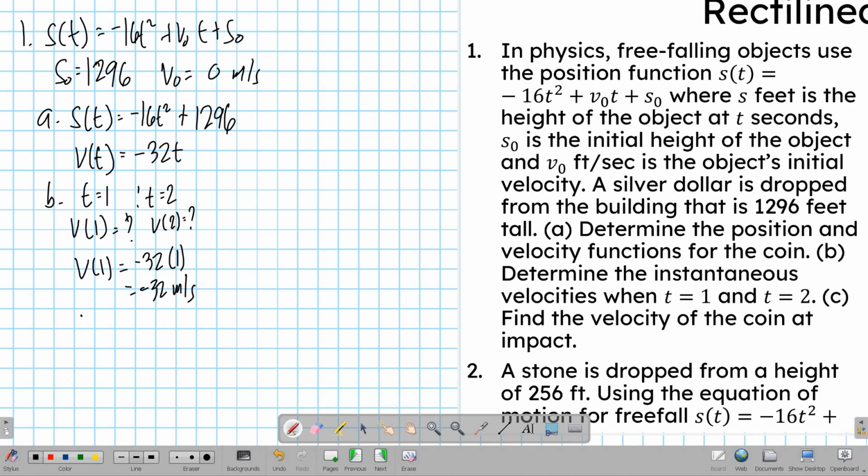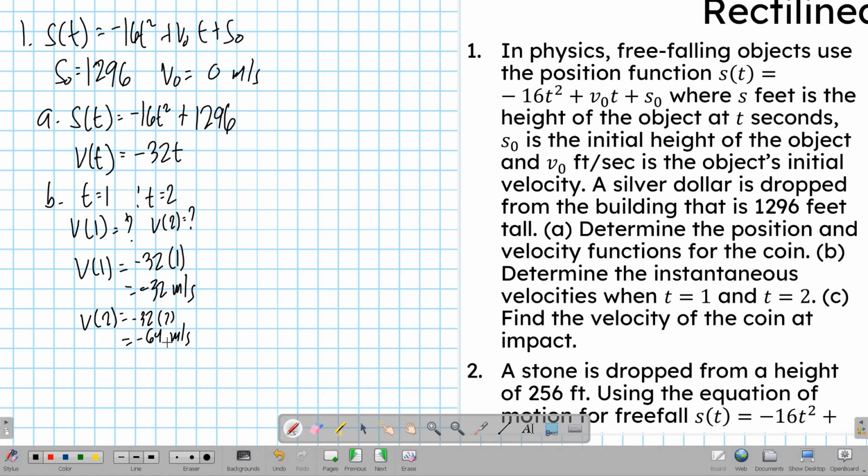However, at v of 2, it will be negative 32 times 2, which is negative 64 feet per second. So it's going faster as it's being dropped. At 1 second, it's just going down at negative 32 feet per second, but at 2 seconds, it's already going down at negative 64 feet per second.